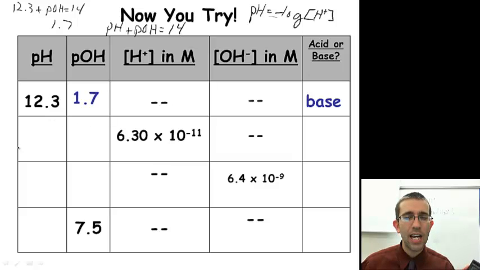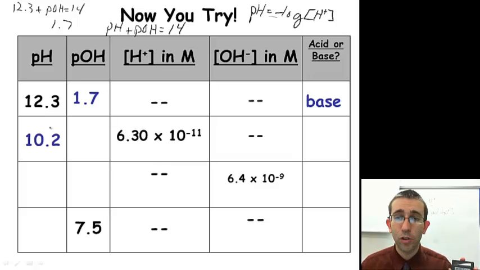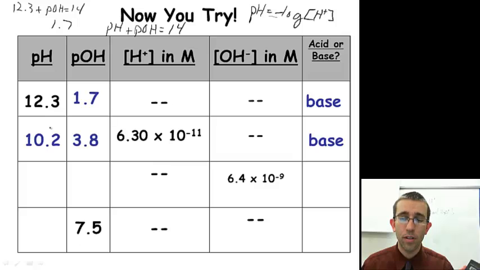So if I know my pH, subtract it from 14 and you'll get your pOH. So if this is 10.2, then I subtract from 14 and I should get 3.8. Oops, and there we go. And I went ahead and answered that accidentally.